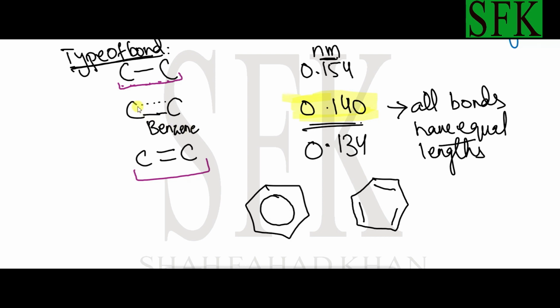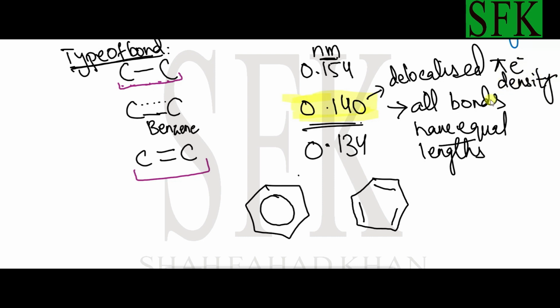So it has a partial double bond character, which is due to the delocalized pi electrons that I just discussed earlier. The delocalized pi electron density above and below the benzene ring keeps on resonating above all the 6 carbon atoms in benzene. Okay, so this was an important point that we've covered.